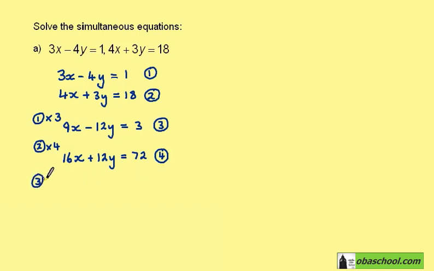So equation 3 plus equation 4, 9x plus 16x is 25x. These disappear, and 3 plus 72 is 75, giving us x equal to 3.